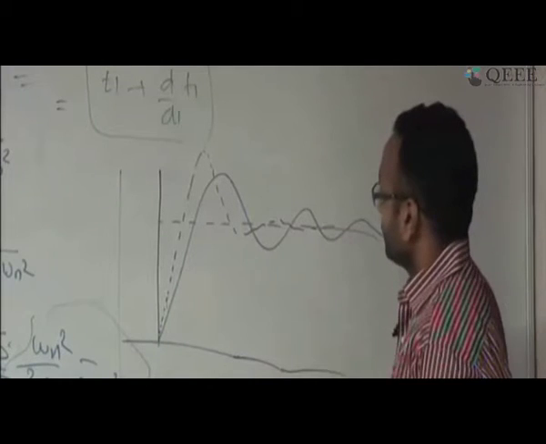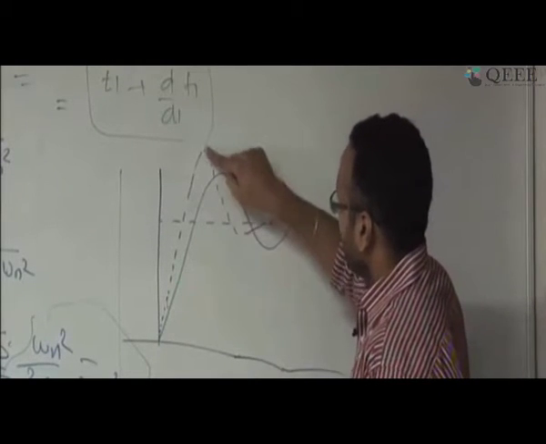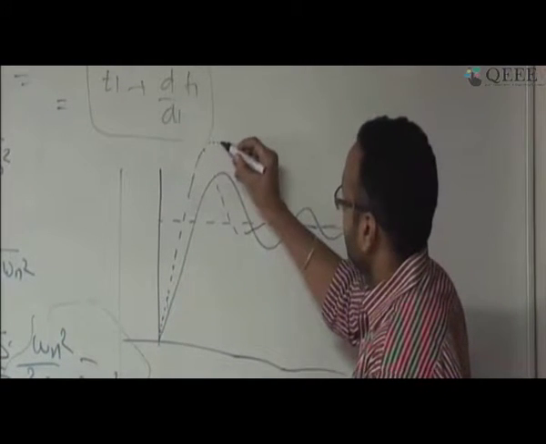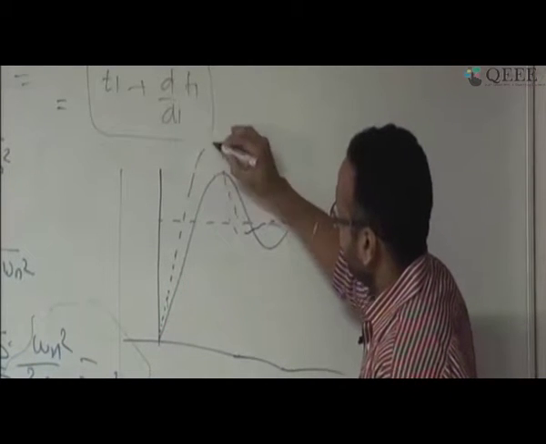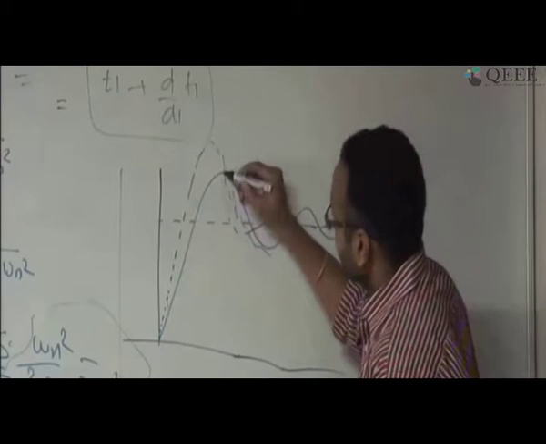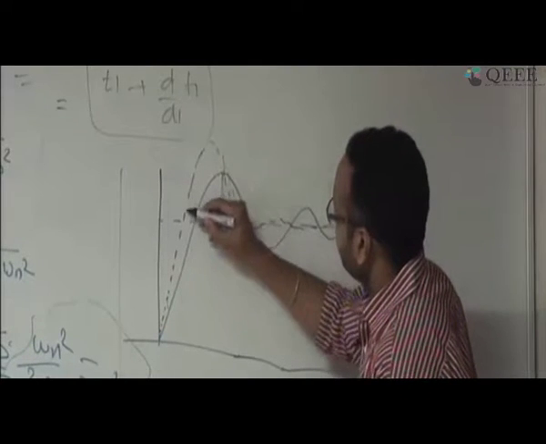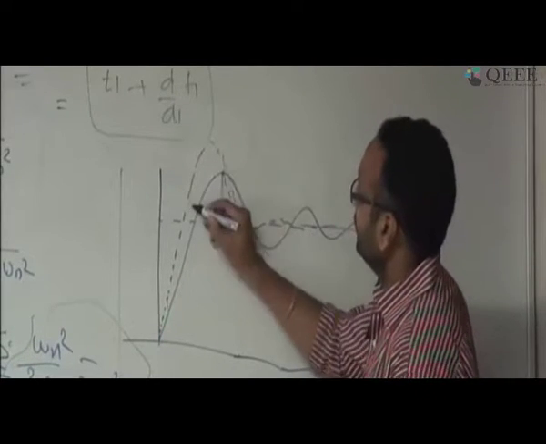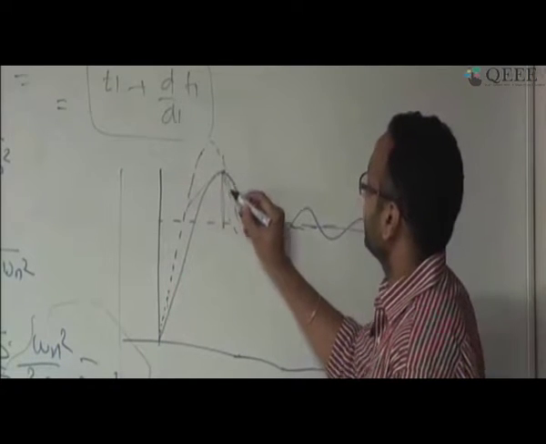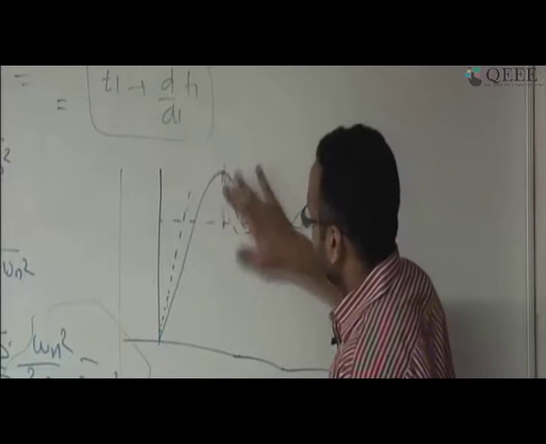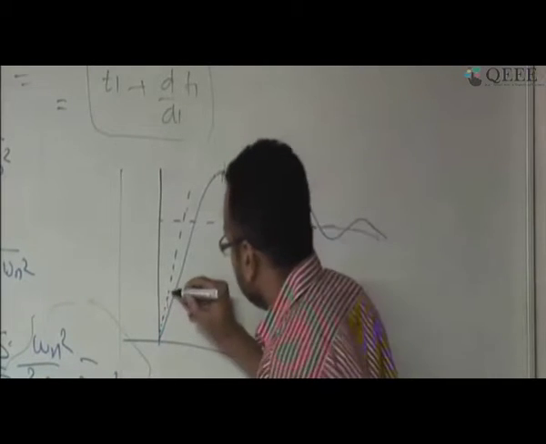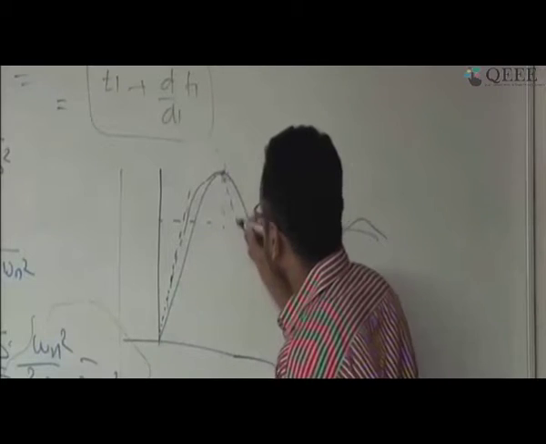Okay. So what happened, it's going to be like this, something. I am not drawing exactly, but I wanted to explain. So at this point, since the derivative is going to be zero, this term is going to be like something. It is going to be something like this.